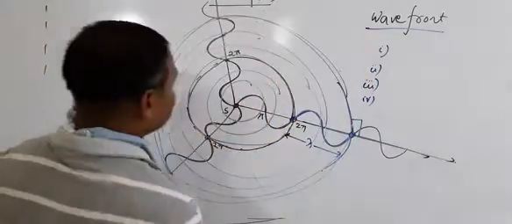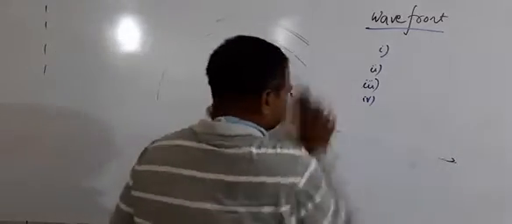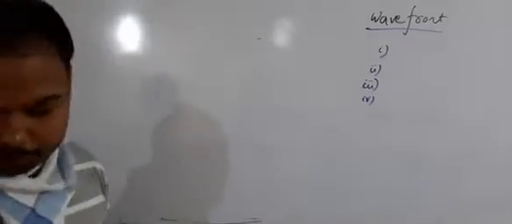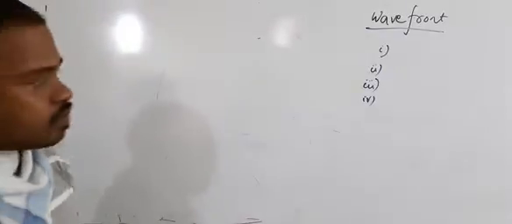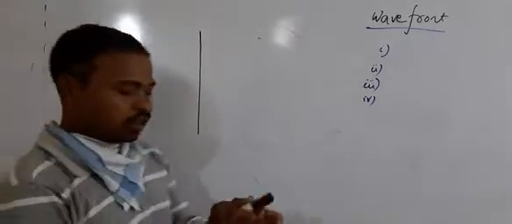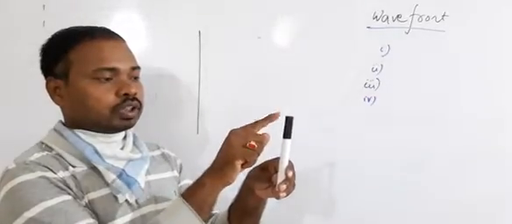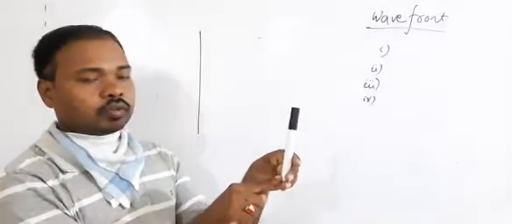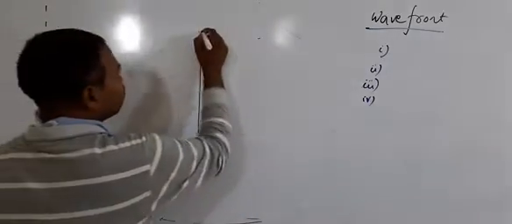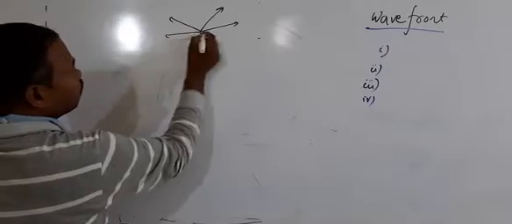If it is an extended source, then what is the shape of the wavefront? Imagine this is an extended source. Light is propagating in all directions from all points. So I am drawing that here. Light is propagating in all directions like this.